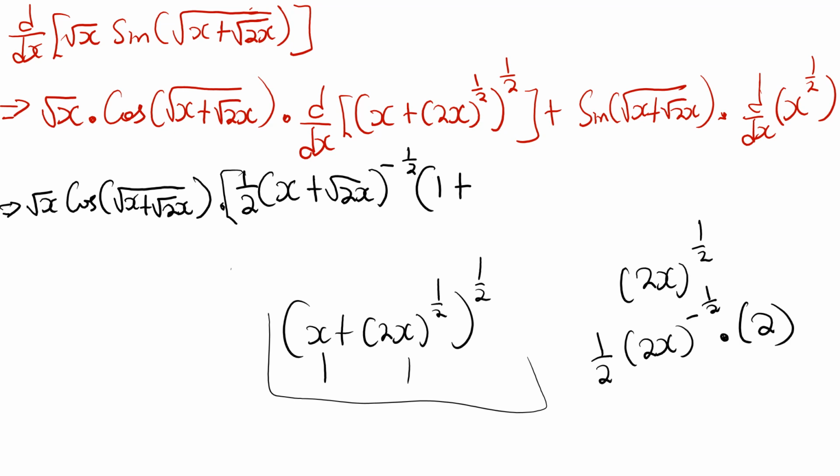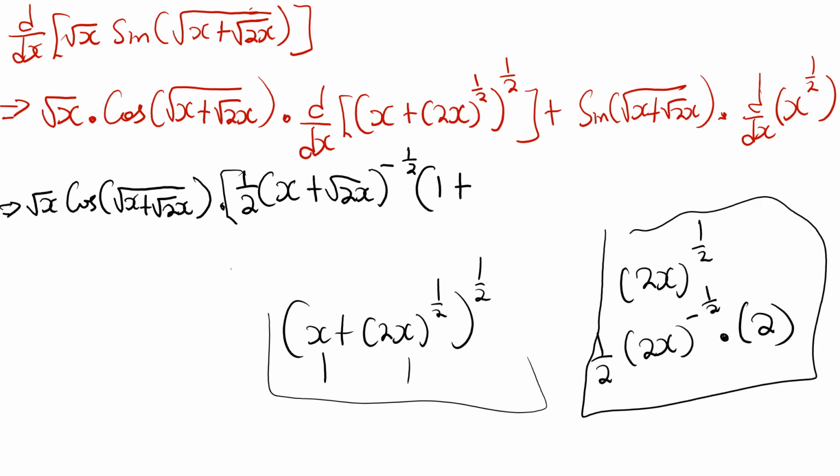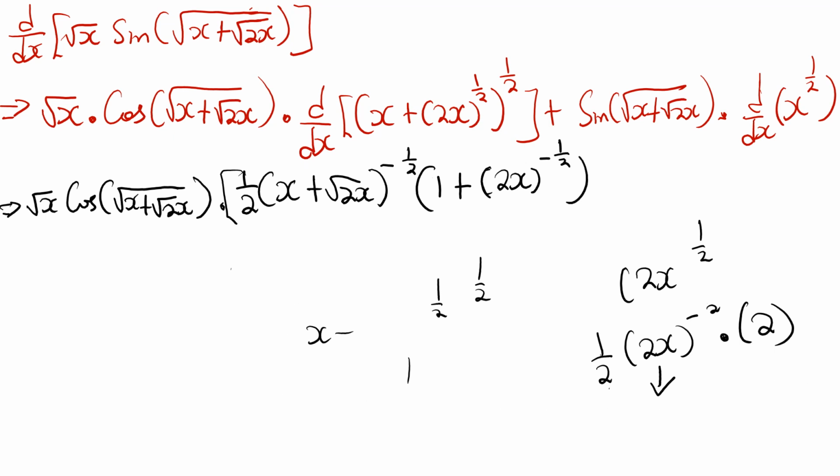Don't forget I was differentiating this one alone. So it means half multiplied by 2 is going to give us 1. So we'll be left with this term only. So plus 2x all to the exponent negative half. That is what we're going to get. So that is all about the chain rule.